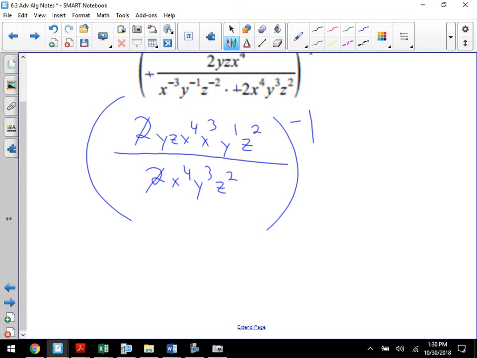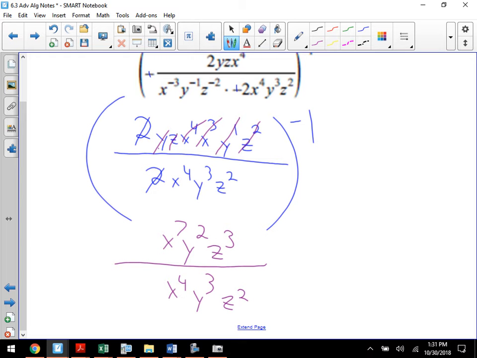So let's write them out. We have x to the seventh. Took care of those. Y to the second. Z to the third. Denominator 4, 3, 2, and it's all the negative 1.